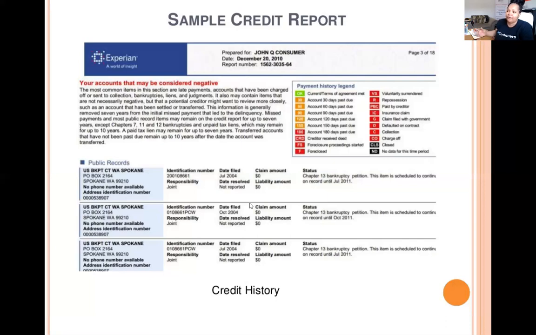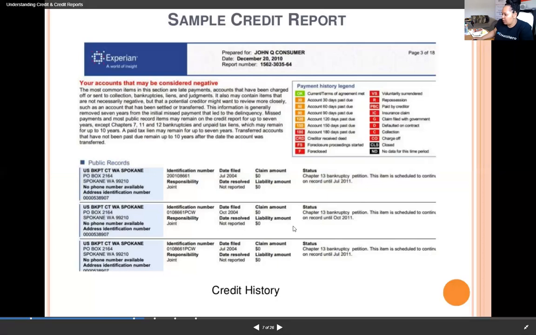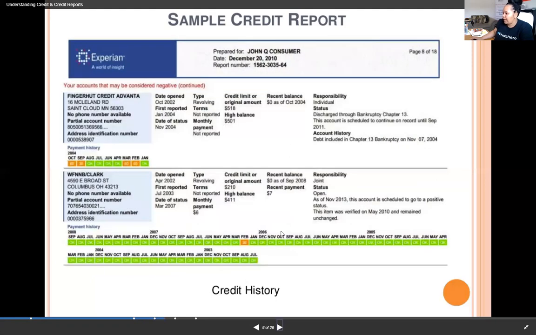Anytime that someone files any type of paperwork at the courthouse, and however that situation pans out, there's going to be some type of judgment shown on your credit report. Okay, so just become familiar with these sections.